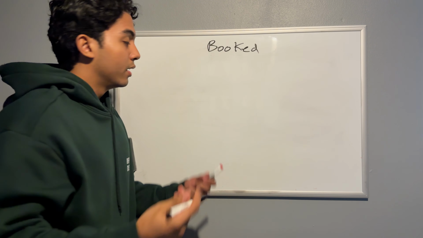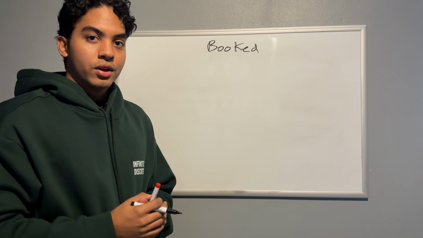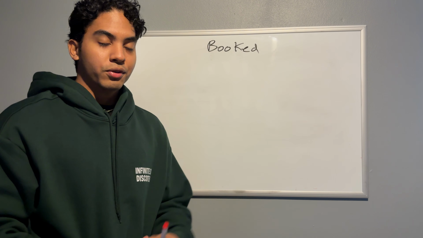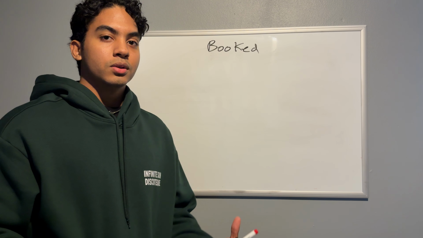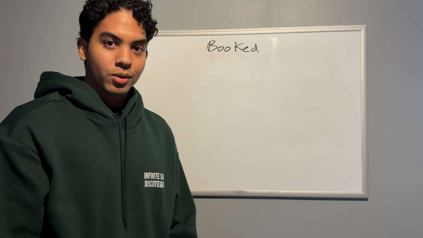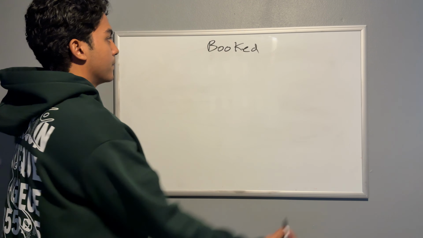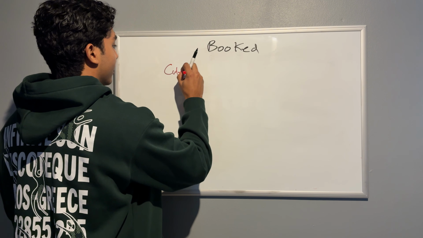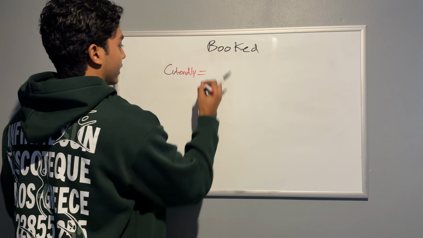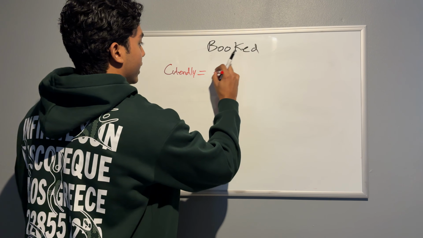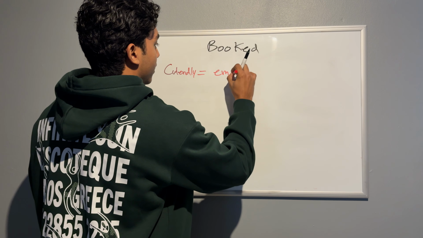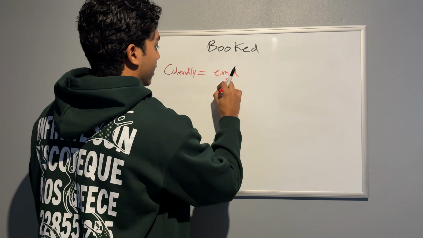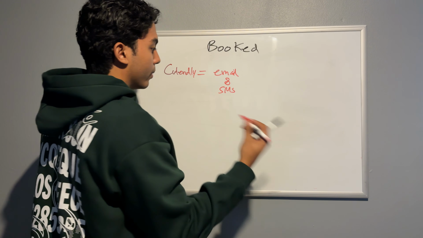Okay, first thing, don't overcomplicate things. If you're using GoHighLevel, I suggest you use the calendar from GoHighLevel. Because, let's say, I'm talking about Calendly here. Calendly sends email and SMS reminders.